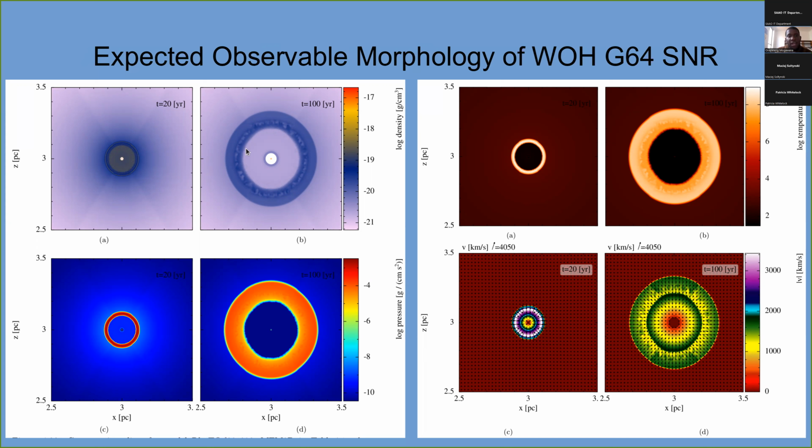But then you go up to 100 years in free expansion, you start to see the material in the cavity moving much faster because of the lower densities in the cavity itself, and the material in the torus moving a little bit slower compared to the material in the cavity. And that's why you see the shock a little bit bulging out and this oblate shape of the remnant.